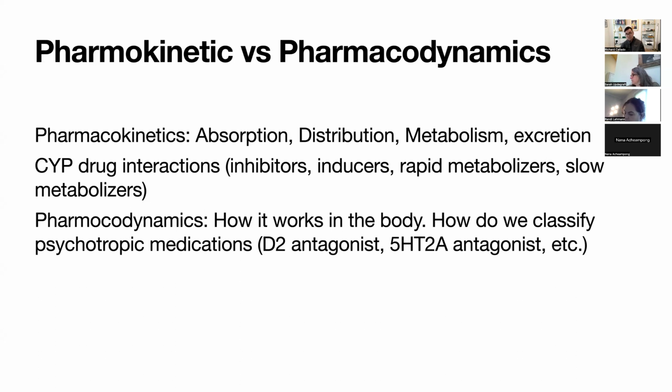How would you know that? What could you do? You would do a what? Genetic testing? No, because the best way to do it actually is plasma drug levels. Oh, right, of course. Genetic testing will show you, but it doesn't matter. You're not going to know, let's say you do genetic testing, right?